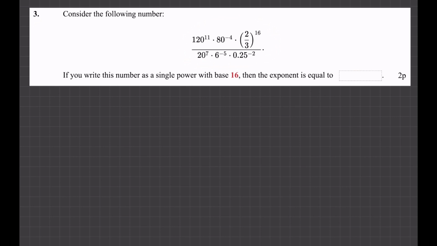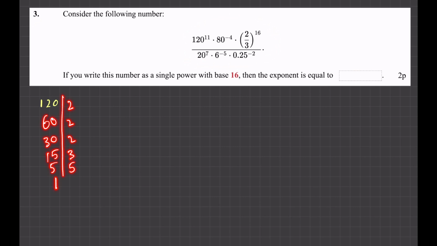Okay? So for example here, let me follow this strategy. So I will factorize 120. Of course you can factorize 120 by 2 times 60, then by 2 times 30, then by 2 times 15, then by 3 times 5.